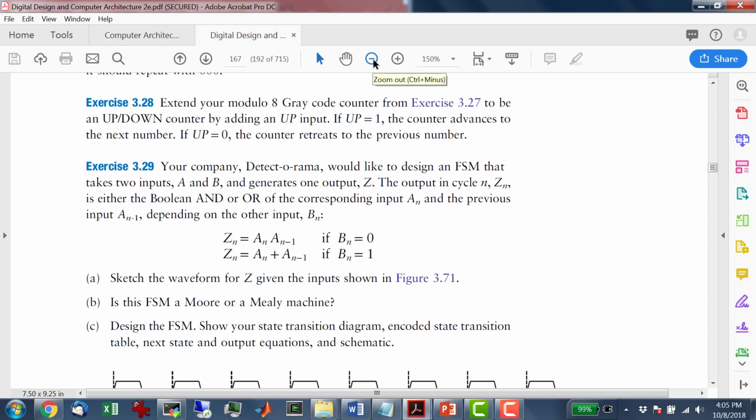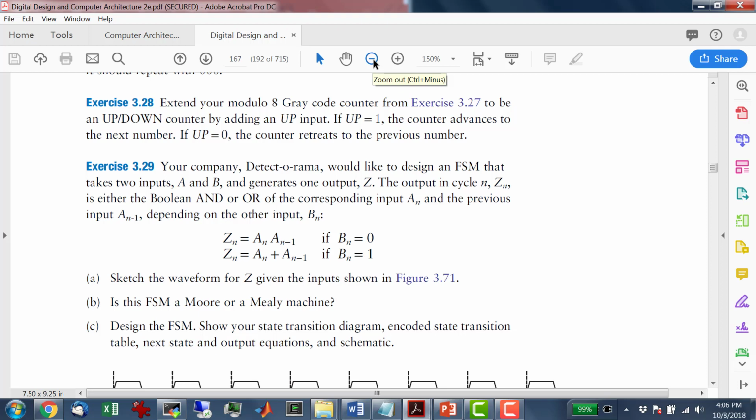Right? So the first question it asks is, is this a Mealy or a Moore machine? Well, it's a Mealy machine. We know it's a Mealy machine because the output Z doesn't just depend on the state. It depends on the state, meaning what was A in the last cycle, right? That's the state. The state is basically whatever A was in the last cycle.